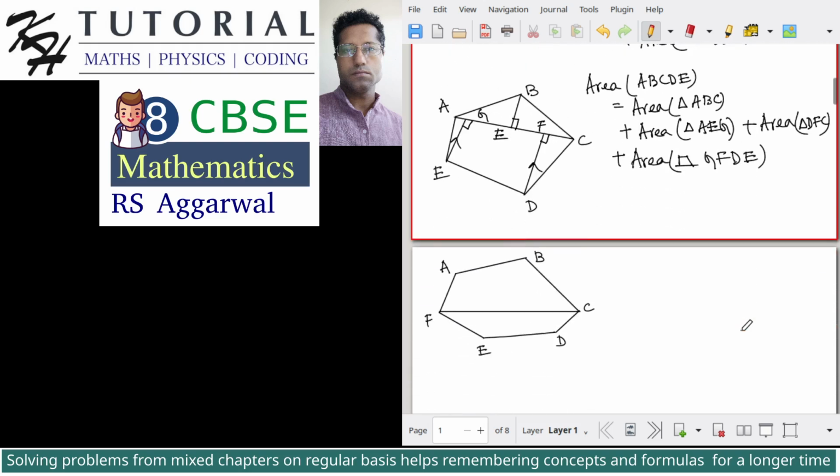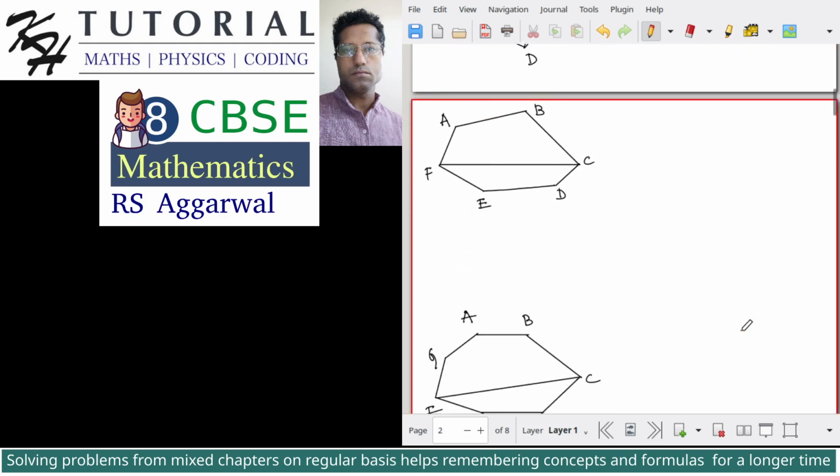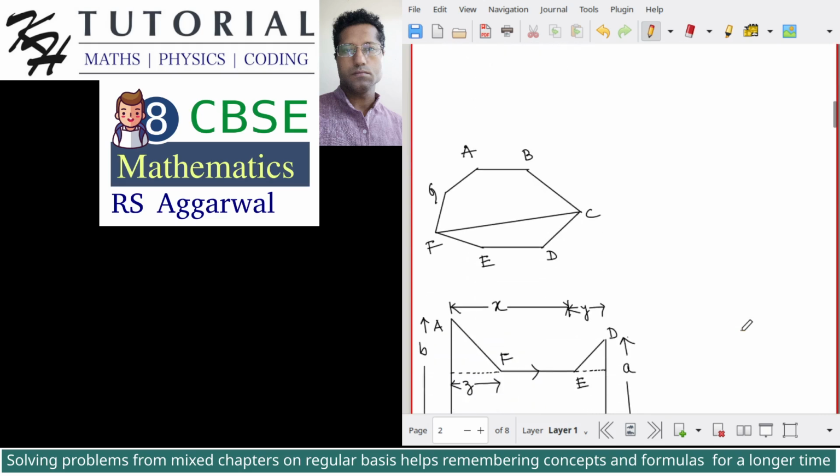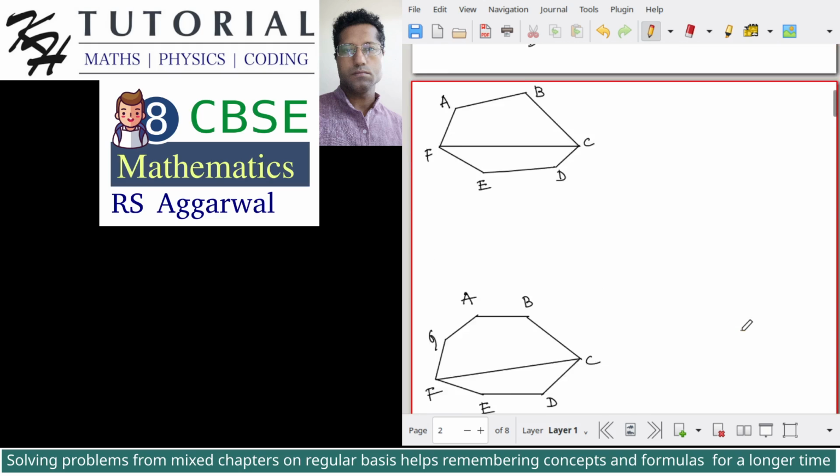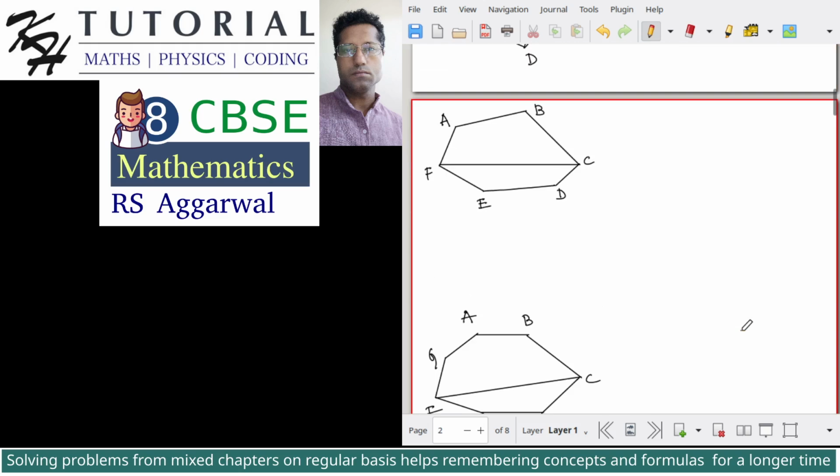Now let's try to see with a few complex irregular polygons how we calculate the area. So let's say the first polygon has 1, 2, 3, 4, 5, 6 sides. So this is a hexagon.